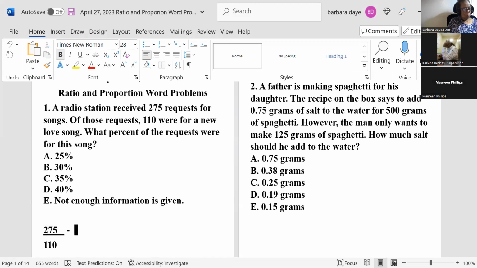So you've got to divide. Well, what is that equal to? Remember, a proportion is when you set two ratios equal to each other.